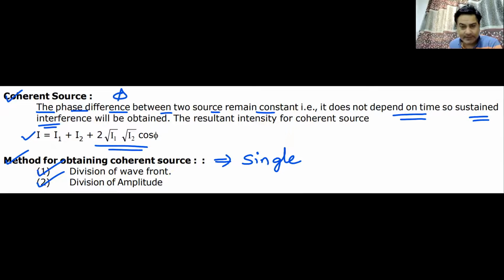Number one is division of wavefront and number two is division of amplitude. You need to remember the example of division of wavefront, which is coming right now. I'll give you 2 minutes to note down whatever we have discussed.